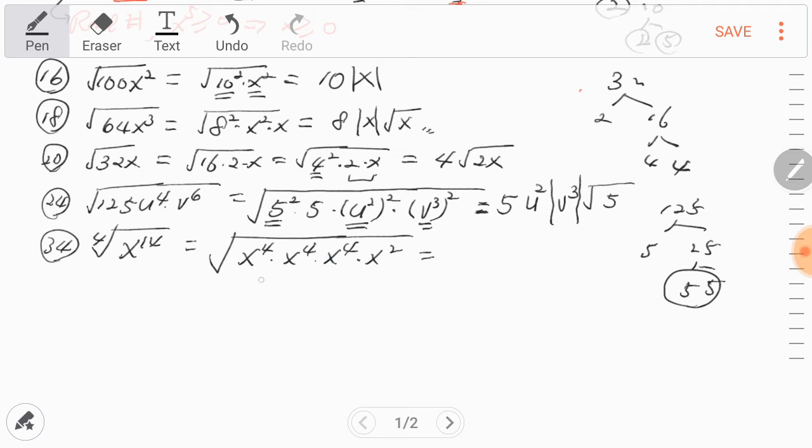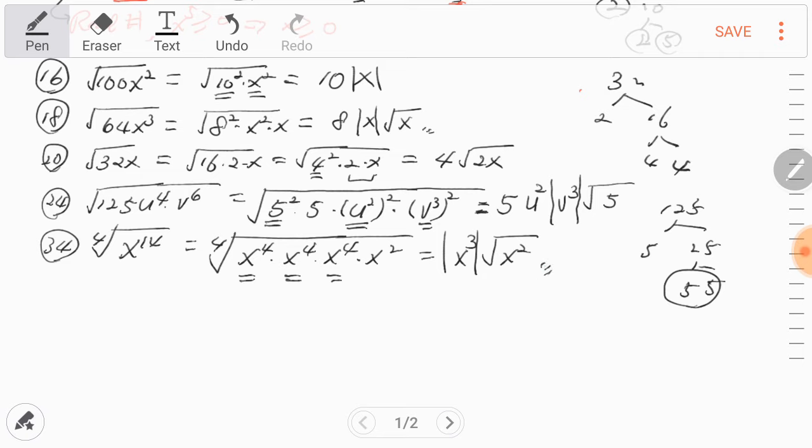So this is the fourth root, so we can take all these x's out. So there will be x cubed times the fourth root of x squared. Then we make this one positive, so put the absolute value symbol.